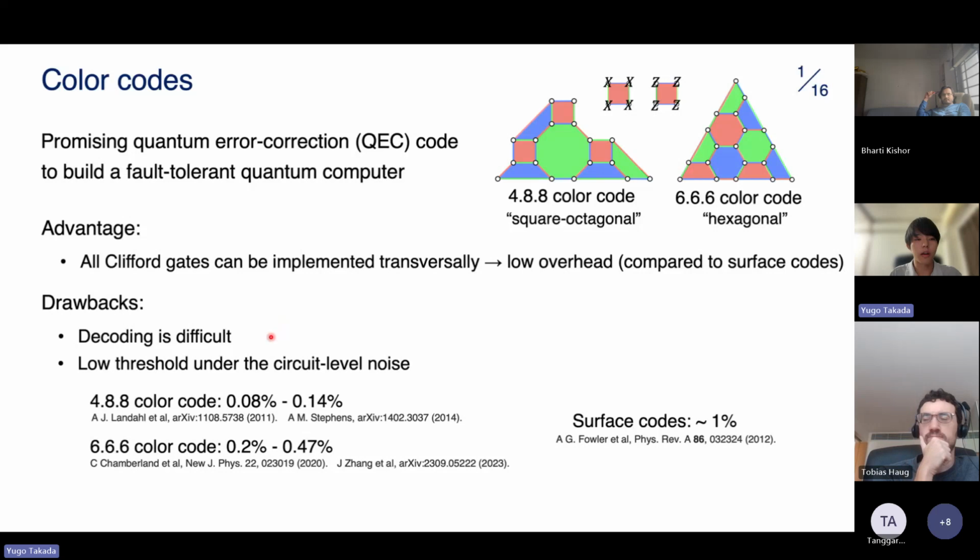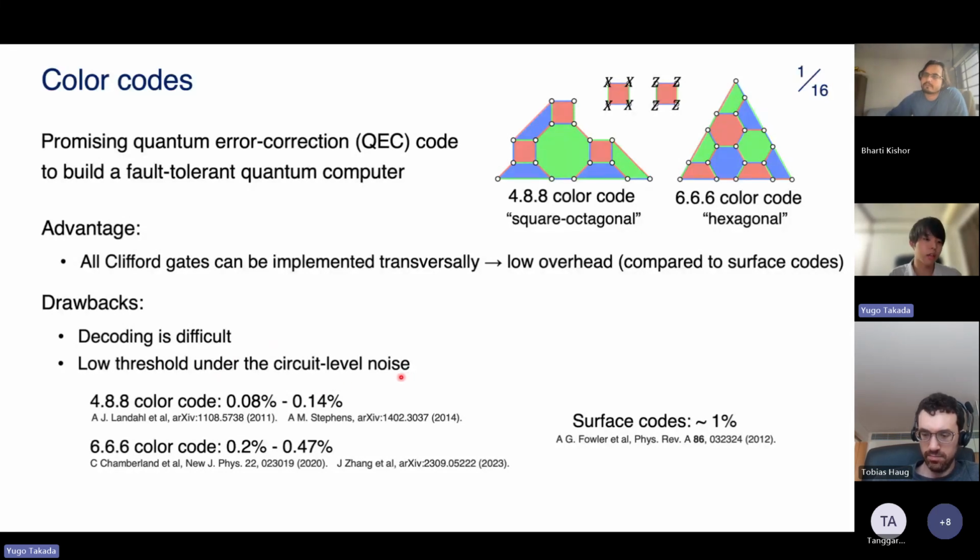Another drawback is that in quantum error correction, there is a value called threshold, below which we can decrease the logical error rate exponentially by increasing the number of physical qubits. It is known that the threshold of color codes is lower compared to surface code under the circuit level noise.